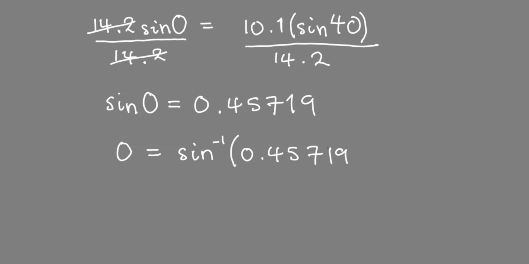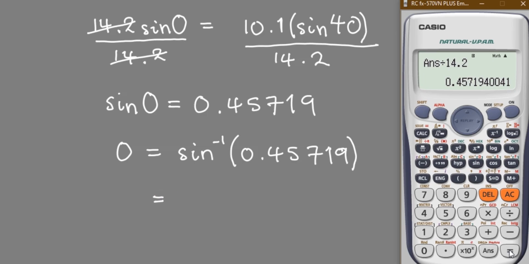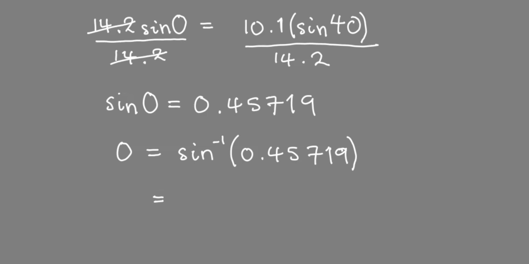You can keep going with your values, there's no problem, but our value is already on our calculator, so we're just going to find sine inverse of what is on our calculator and have the accurate answer of O. Okay, now we just find sine inverse, the second function of the sine button, and we had our already stored answer on our calculator here, so we just say sine inverse of the answer and we hit equals. So our angle is 27.2. The angle at O is 27.2.